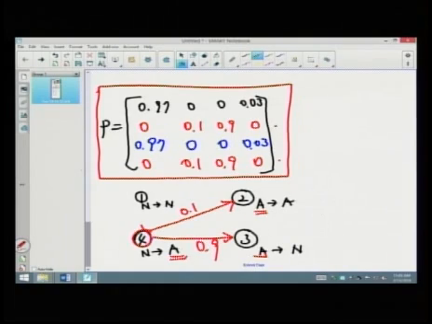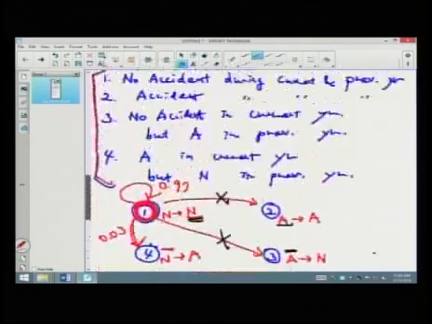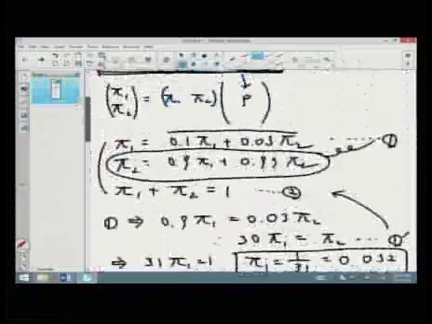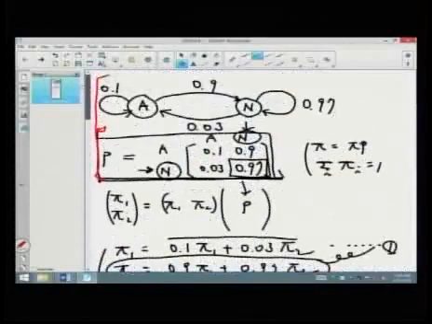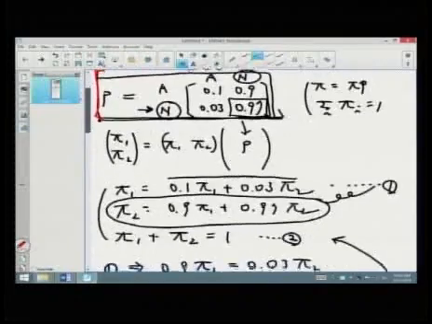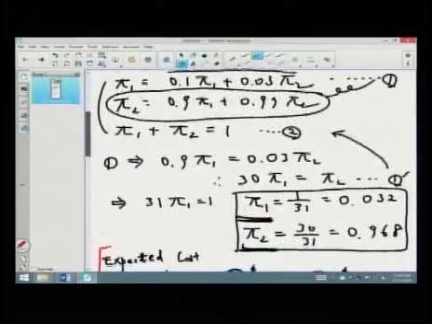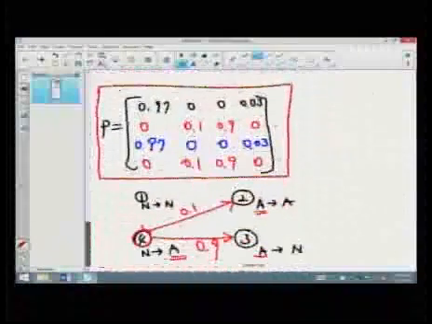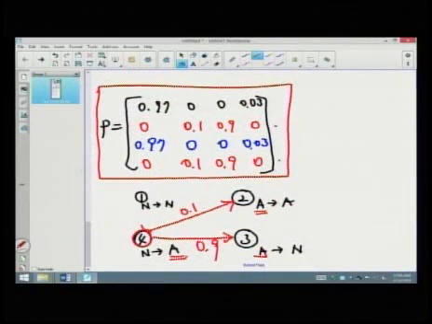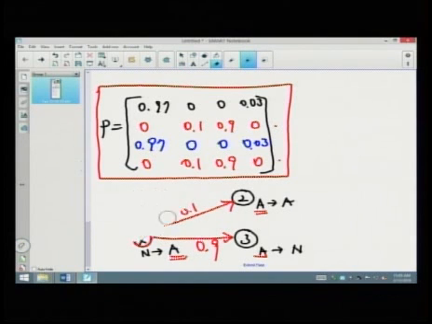So what is the next step? Like we did earlier, we're going to determine the limiting probability distribution, or steady-state probability distribution. Okay? So let me delete this part.